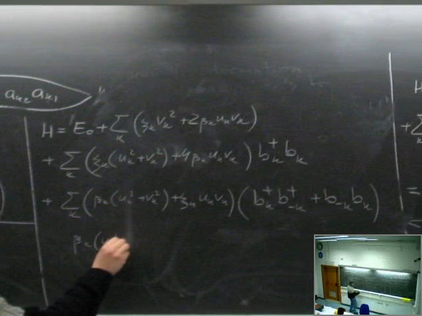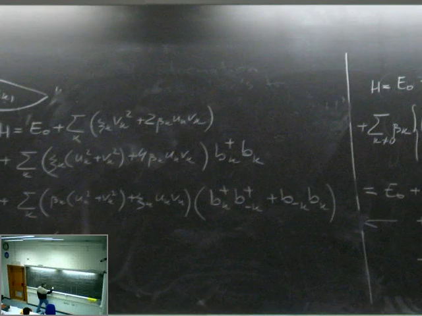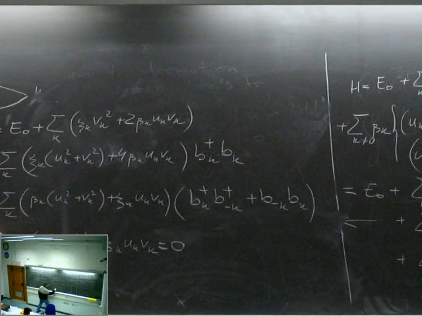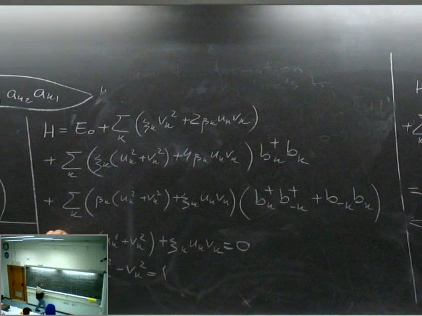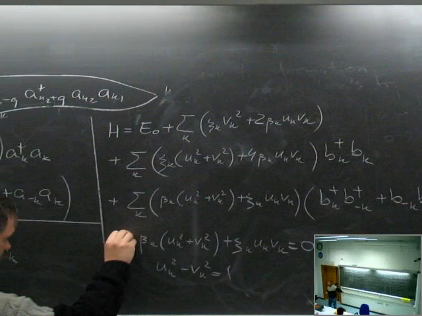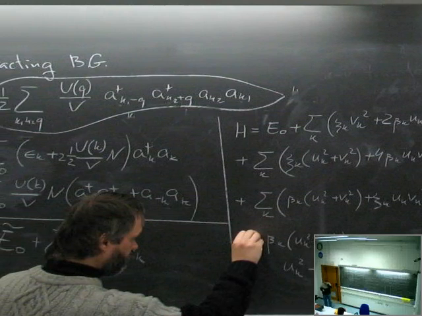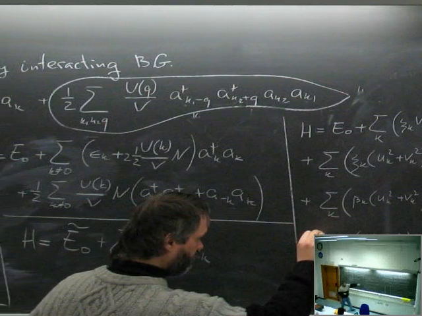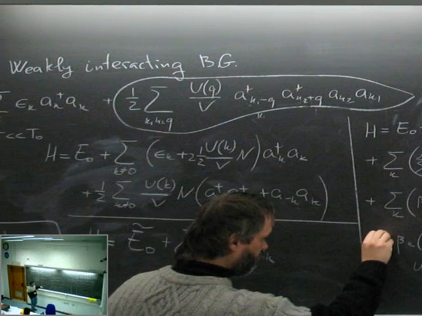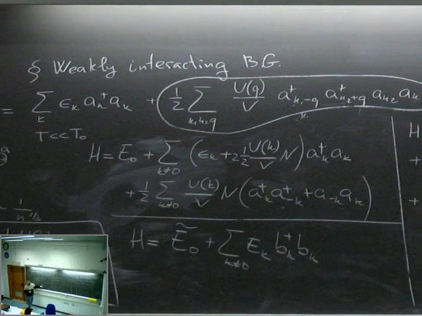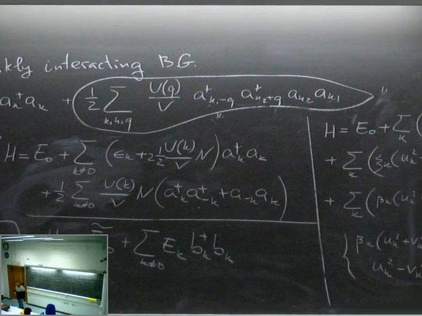And, of course, I have my previous condition, UK square minus VK square is equal to 1. So it's enough to solve this system of two coupled equations in terms of U and V, substitute it here, and then I find my dispersion.